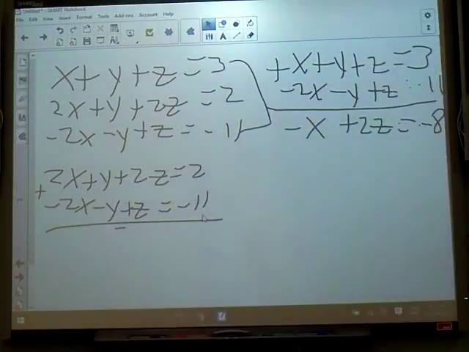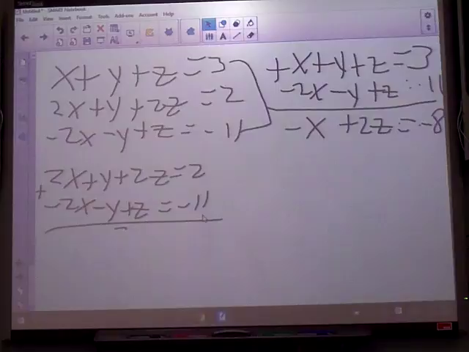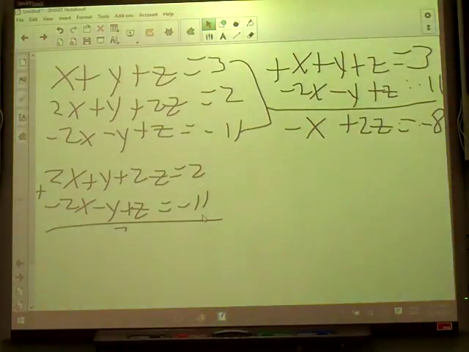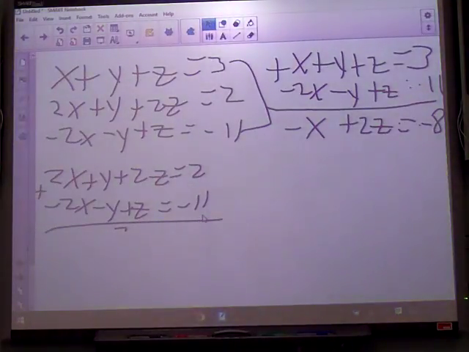Now I can take that z, whenever it shows up, and plug it back into that new equation on the right side of the board and get my x.